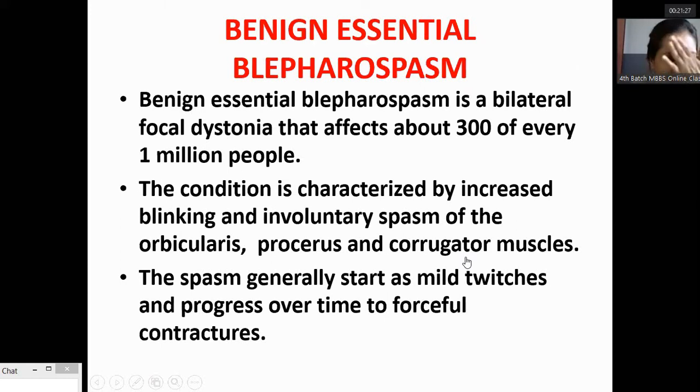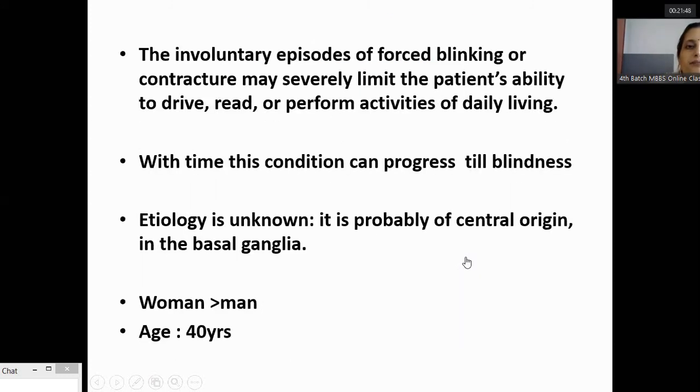What happens is there is frequent, involuntary blinking of the eye due to spasm of the orbicularis oculi muscle. Initially it starts with twitching of the eye. Sometimes we also have twitching of the eye, but similarly that twitching gradually progresses and there will be forceful contraction.